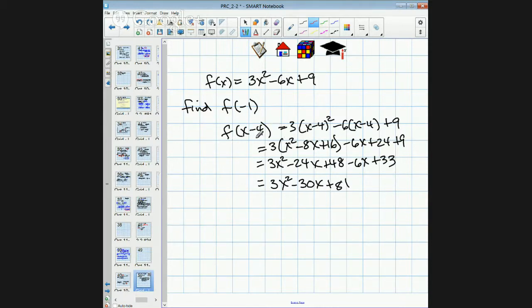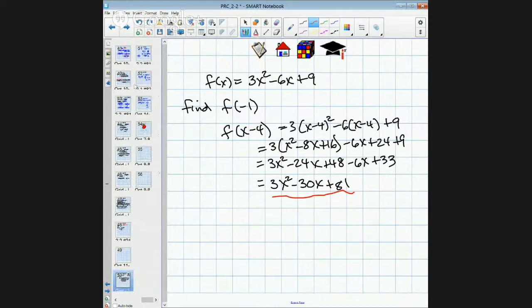Could you find f of x minus 4? Sure. Wherever there's an x, plug in an x minus 4. Work it out, combine, and in this case, that would be where you'd end up. So finding functional values is just substitute and simplify. There's not much there. Pretty simple.